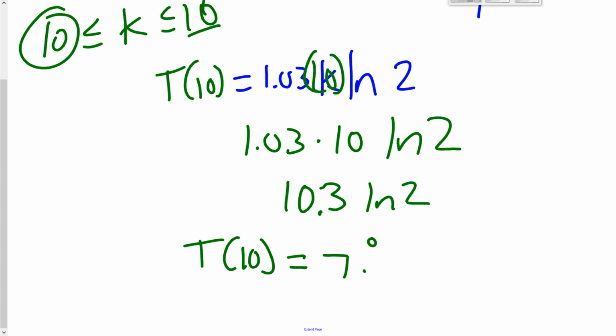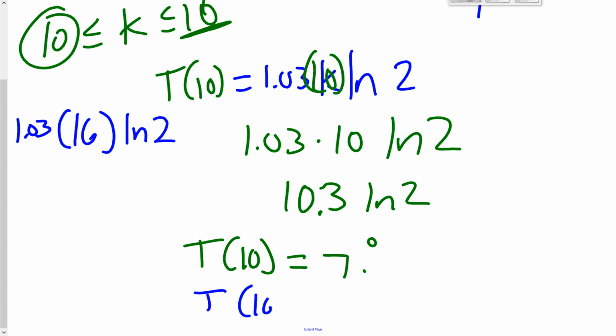Well, now let's figure out where K is at its max, 16. So now we're going to plug in 16. So 16 times 1.03 times ln of 2. Okay, and that will give us our T at our max. So then we know what our lowest possible increase is, and what our highest possible increase is. So we might not know exactly what the increase is, but we know the range of our increase, right?